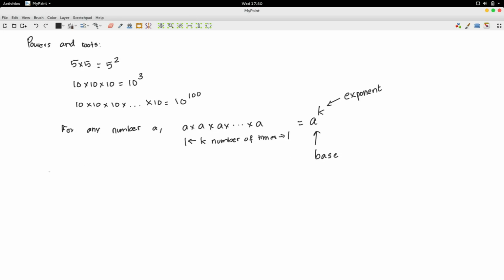A couple of important properties about powers. If you have a positive number and you raise it to some power, you will get a positive number.